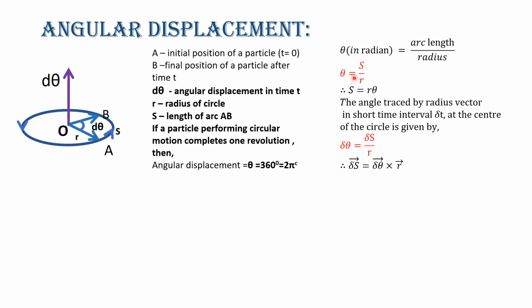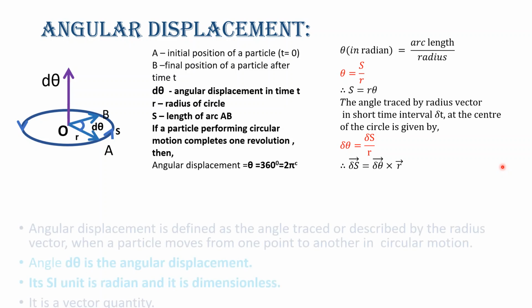Theta is nothing but the arc length upon radius, that is s upon r. So arc length, that is linear displacement, can be written as r into theta. So this theta is the angle traced by the radius vector in time duration delta t. Therefore delta theta, the angular displacement, is given by delta s upon r, or delta s can be given by delta theta into radius vector r.